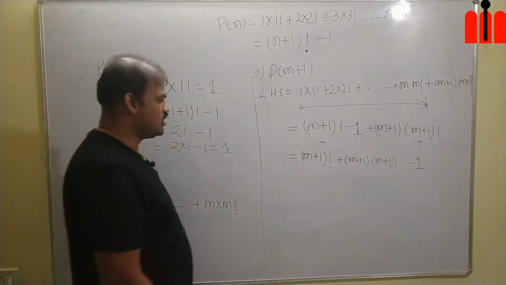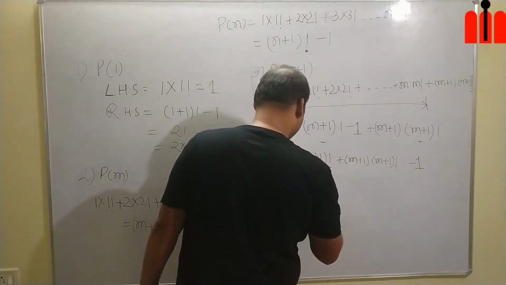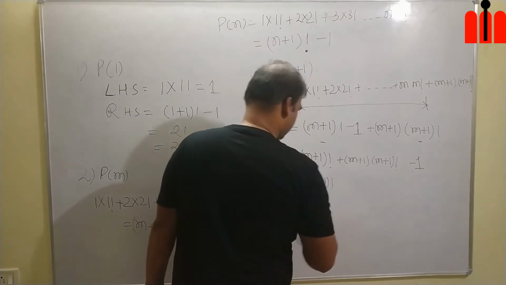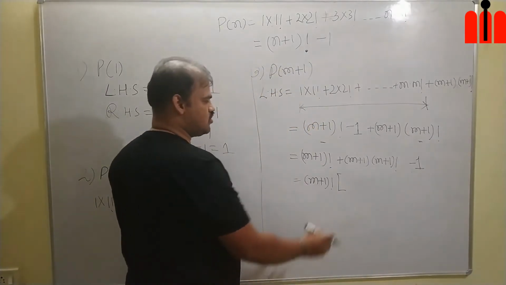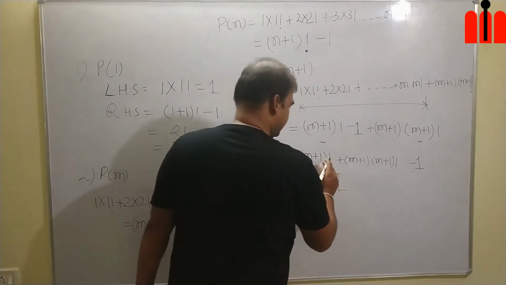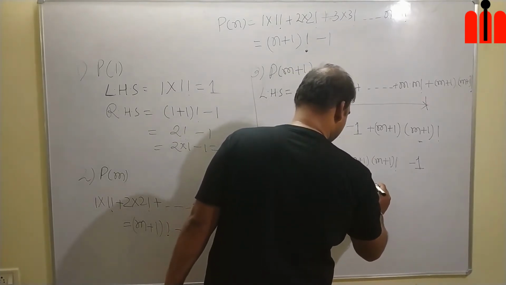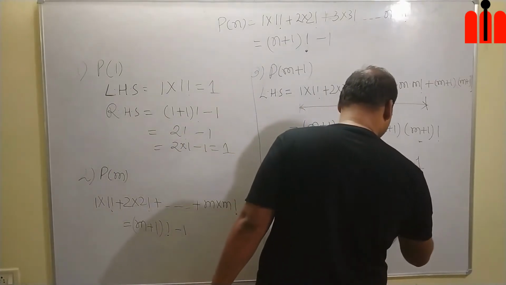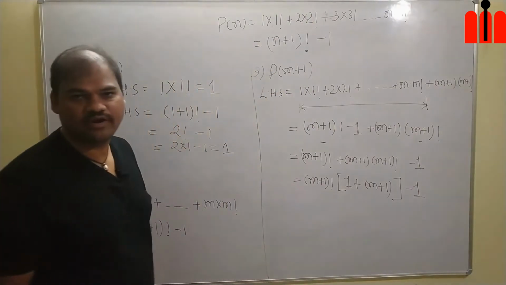What is common in these two is m plus 1 factorial, so let's take m plus 1 factorial common. Here you will be left with 1, here you will be left with m plus 1. Now you subtract 1 from that.